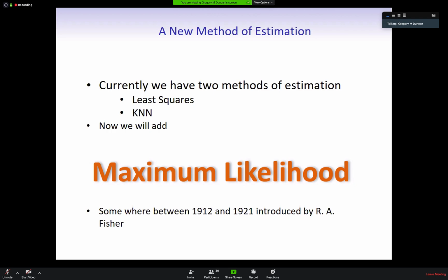And some of the justifications just don't make any sense. Didn't make any sense back then, but he was inventing this as he was going along. And as I said, he's one of the fathers of modern statistics.